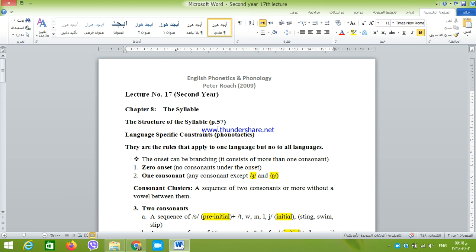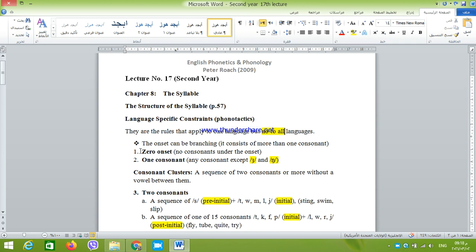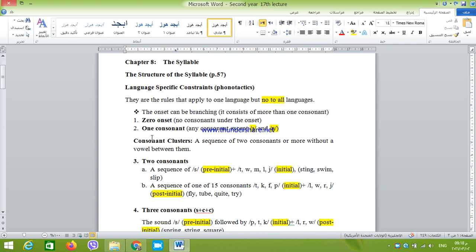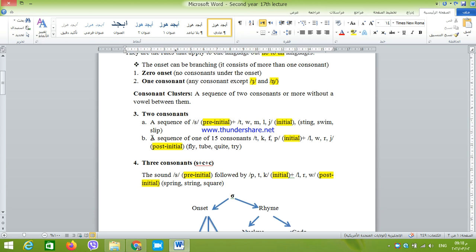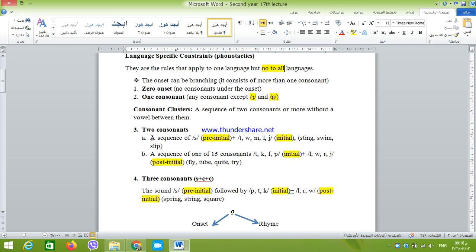So it can be applied to one language, more than one language, but not necessarily to all languages. That's why we call them language-specific constraints, or what we call phonotactics, language phonotactics. Okay? Let's talk about the structure of the syllable in English.